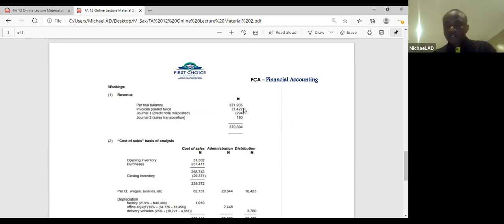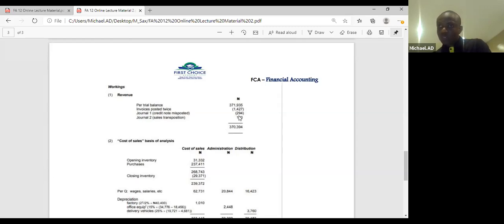If you add these two figures together, this is going to give us 1,721 naira.